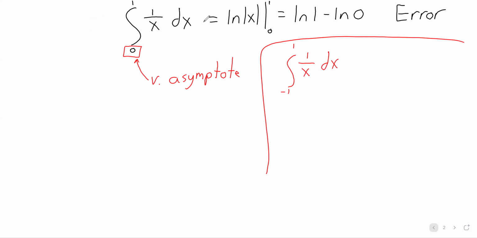Compare that to this. We cannot use the fundamental theorem here because there's a vertical asymptote smack between these limits of integration. There's a vertical asymptote at 0. But this time, if you just blunder forward and use the fundamental theorem, your calculator won't give you an error message.